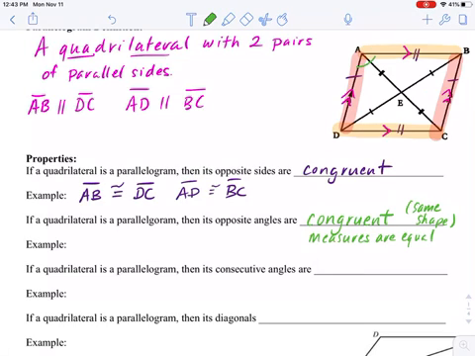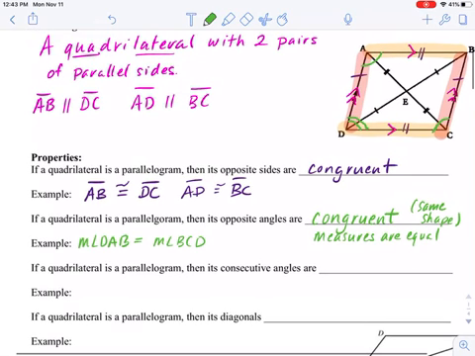Here we can say that this angle, the measure of angle DAB, is equal to the measure of angle BCD. There's another set. We could say that ADC is equal to the measure of angle CBA.